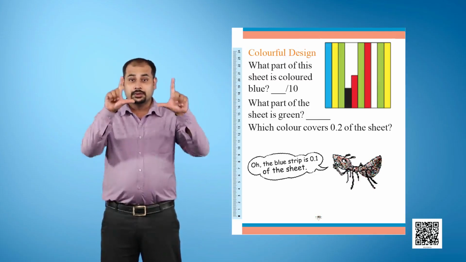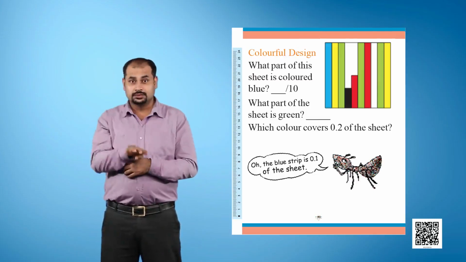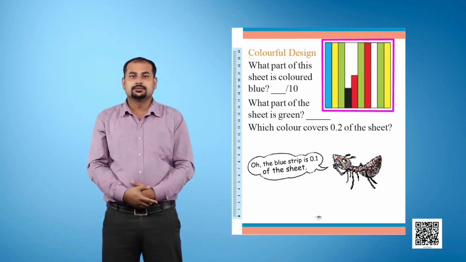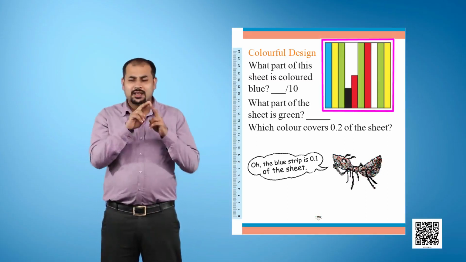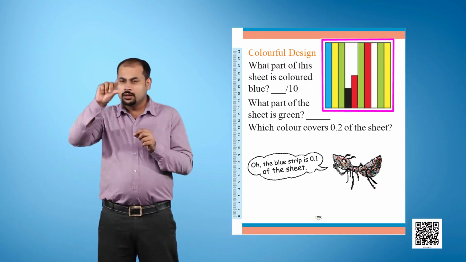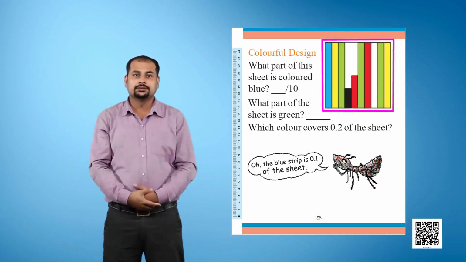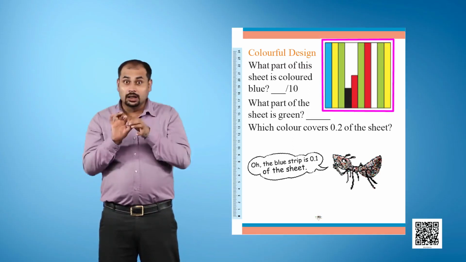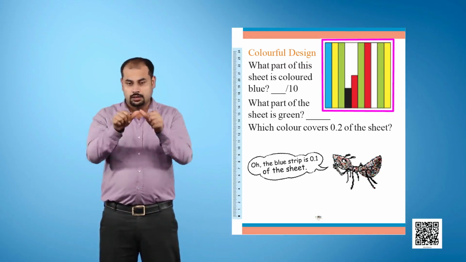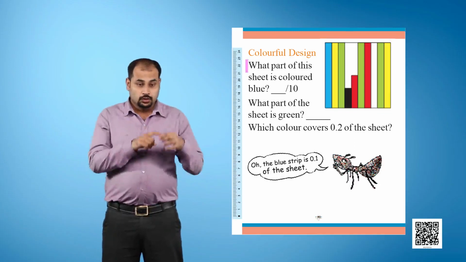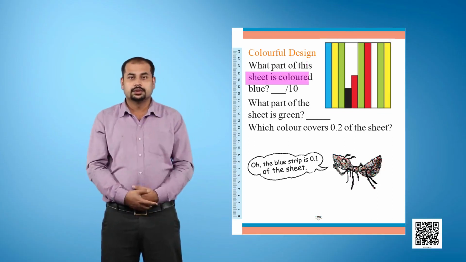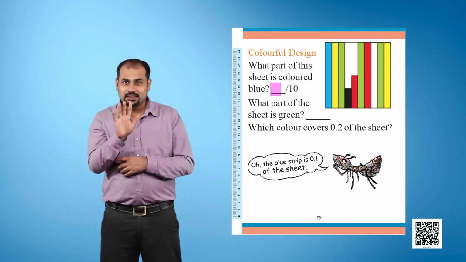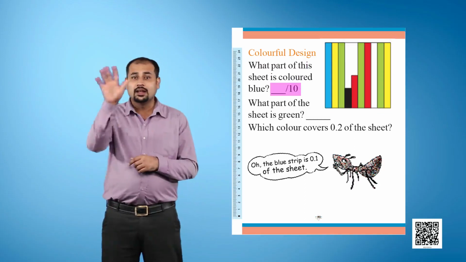Colorful design. To the right side of the page we see a small colored sheet with lots and lots of stripes going from top to bottom. Observe the sheet carefully and answer these questions. What part of this sheet is colored blue? Dash by 10.